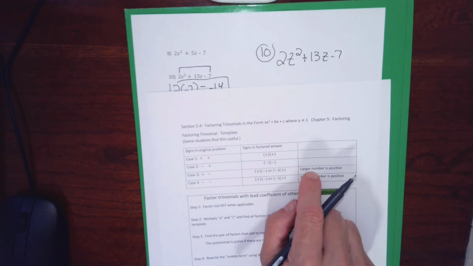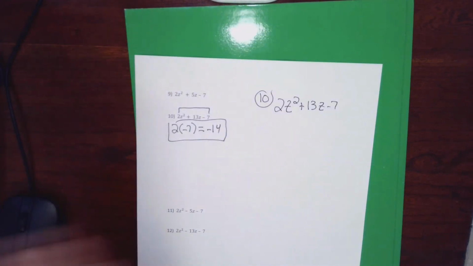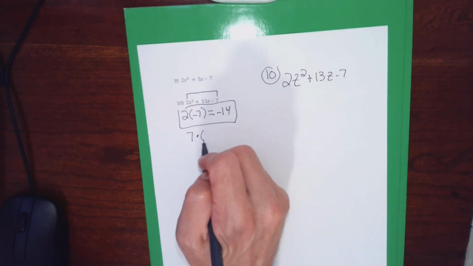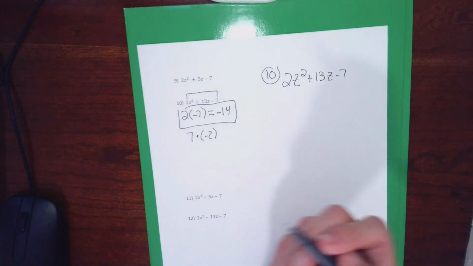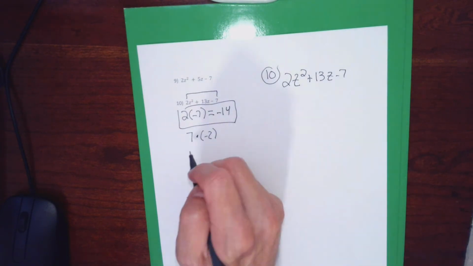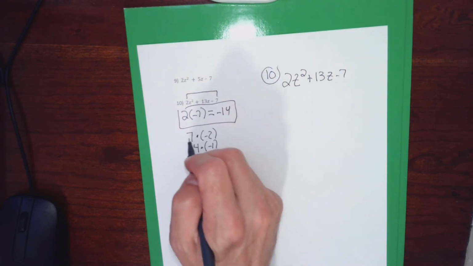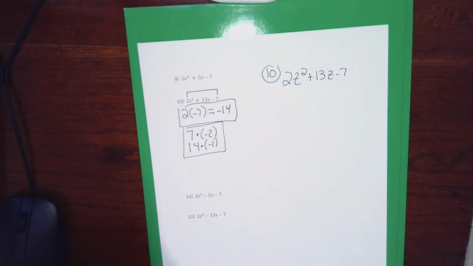The larger number is going to be plus. The smaller number is going to be minus. The factors of 14 that I know, larger number plus, smaller number minus, would be 7 and -2. That multiplies out to -14, larger number plus, smaller number minus, and 14 and -1. Those are available on my sheet of factors that you could use on the test.